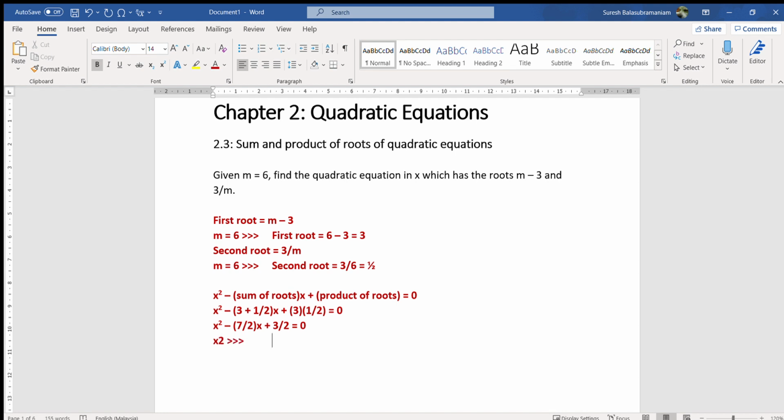So I'll get 2x square minus 7x plus 3 equals to 0. That will be my answer. Moving on to the next question.